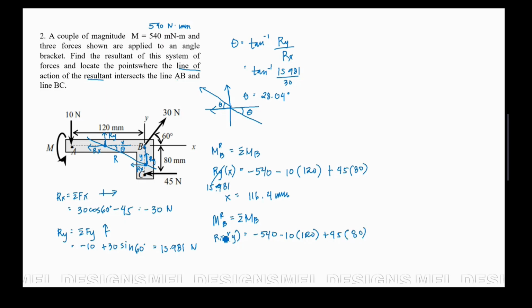We also have a value of Rx kanina na solve na natin which is equal to 30. Okay. So 30 na lang kasi we already followed the direction, this one 30 Newton papuntang left. Directed to the left na siya. Therefore, hindi na natin kailangang isulat pa yung negative dito kasi magiging redundant na.